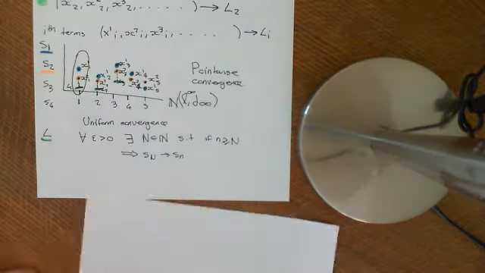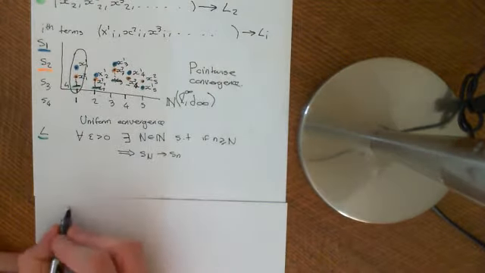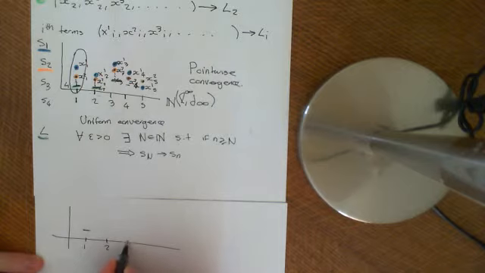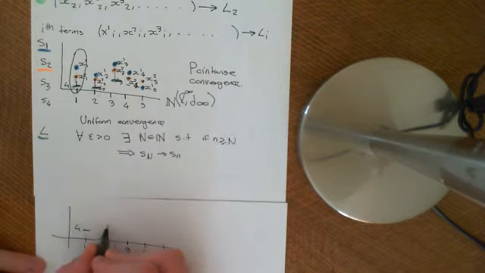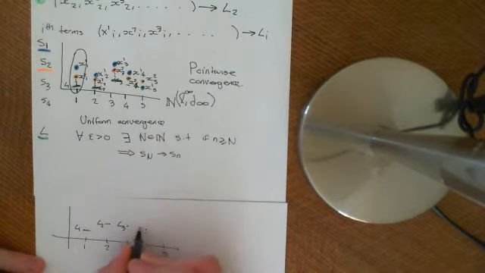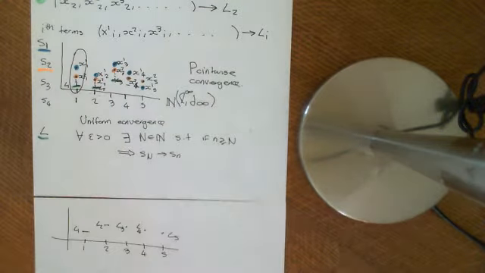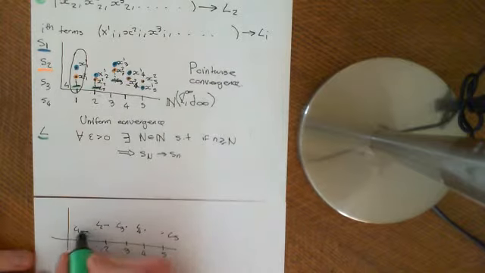Right, so let's say here we have our limit L. So this is our function L. So here is 1, here is 2, here is 3, here is 4, here is 5, okay? And here is L1, here is L2, L3, L4, L5. So this is the green function. This is what we're saying it converges to.